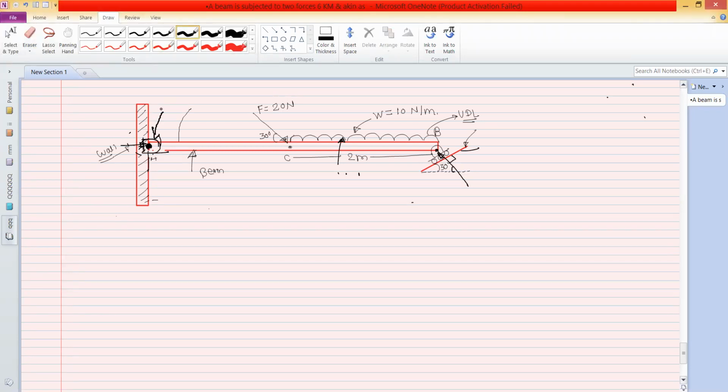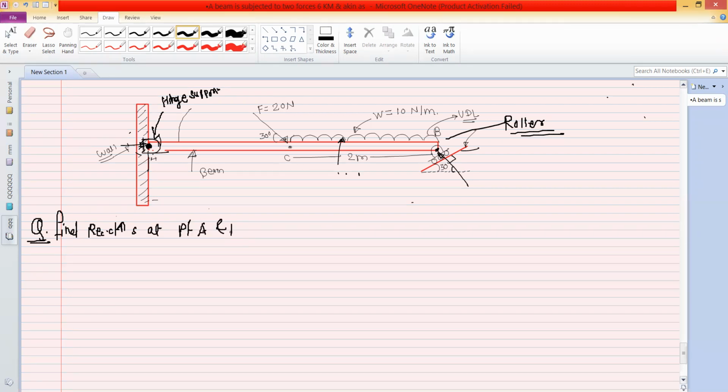So this is the hinge joint, or we can say a hinge support, and point B is the roller support. The question is, we have to find the reactions at point A and point B.